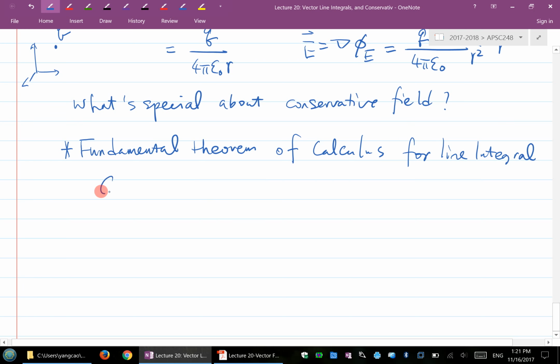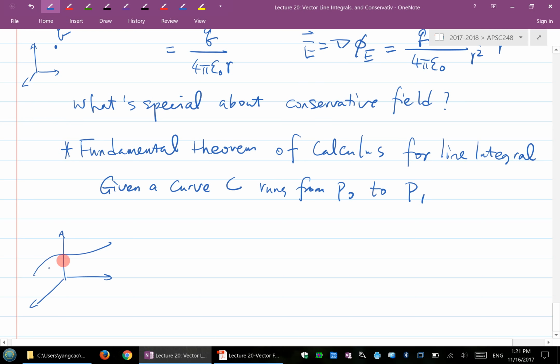Okay, given a curve C that runs from an initial point P naught to a finish point P1. It's like this. Here's P naught, here's P1.